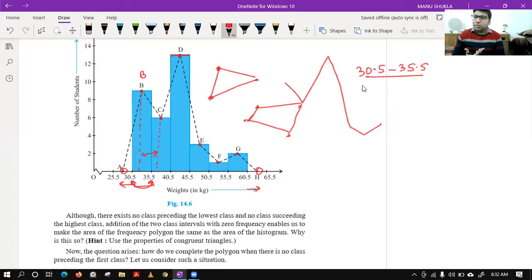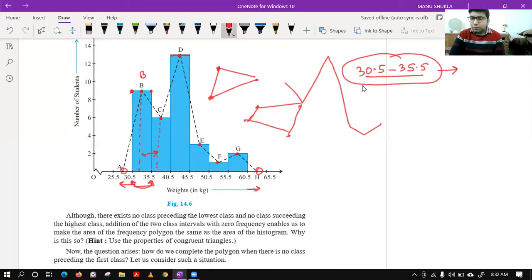Now the question comes, which point should we take? Shall we take the starting point of the class interval? Shall we take the ending point of the class interval? So what is better? What do you think? Which number represents this interval better? The starting number, the ending number, or the middle number?